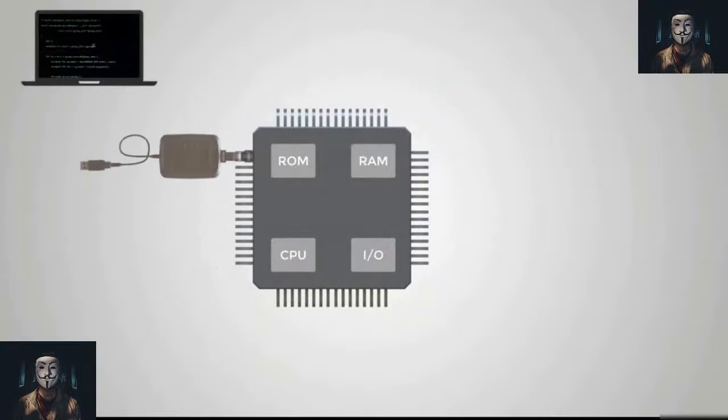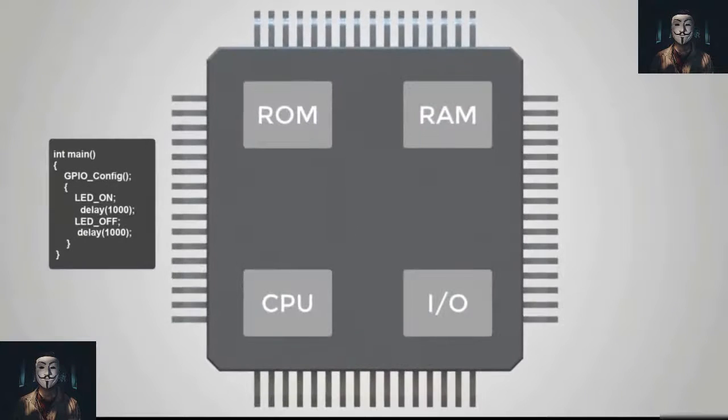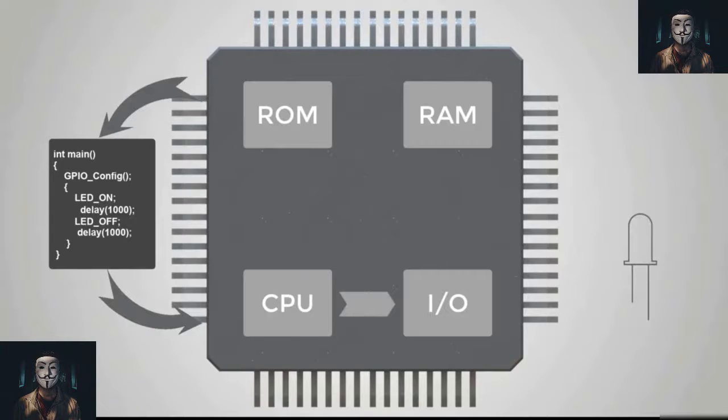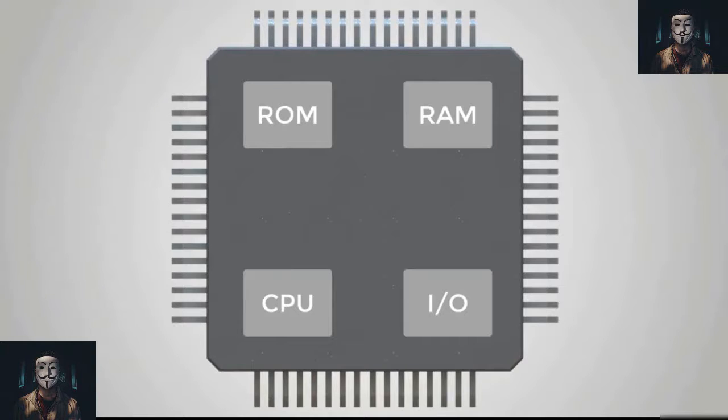Program memory is non-volatile memory, meaning it holds information over time without needing a power source. Data memory is required for temporary data storage while the instructions are being executed. Data memory is volatile, meaning that it holds its data only if the device is connected to a power source.